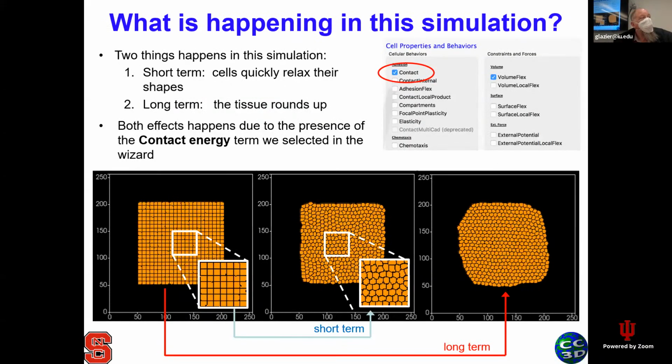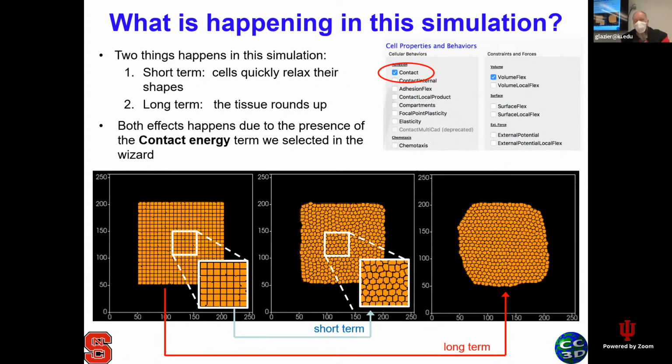Okay. So one thing that we can see if we do this in steps is that initially we have squares, and the squares gradually rough up. And as time goes on, over short time, we see some relaxation of the shape of the individual cells. They get to be a bit more or less hexagonal. And then it takes longer for the array, which was initially square, to round up.